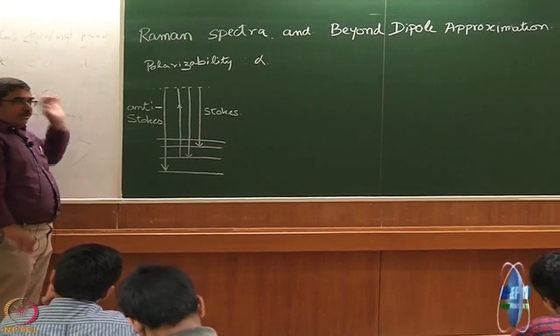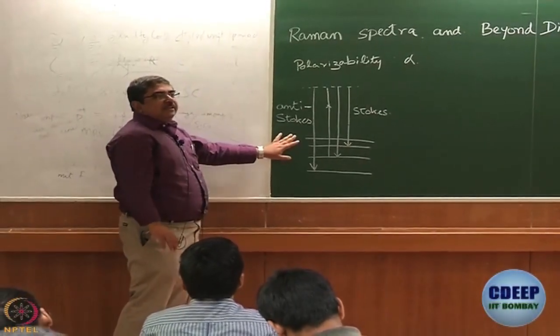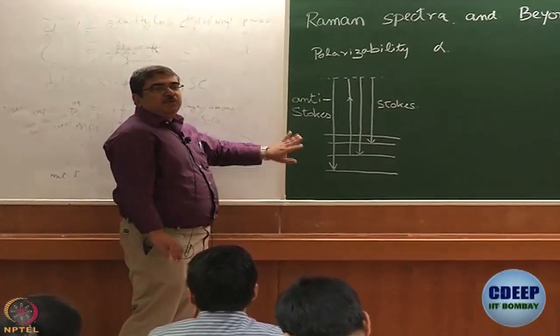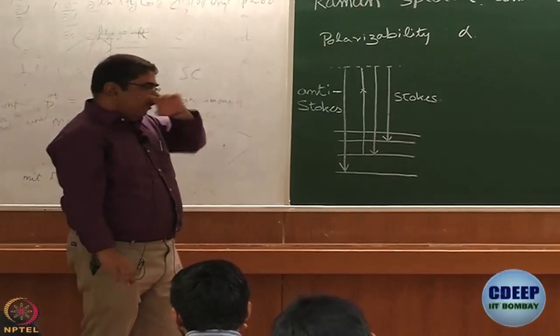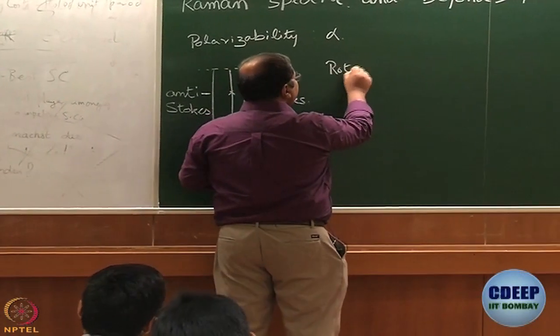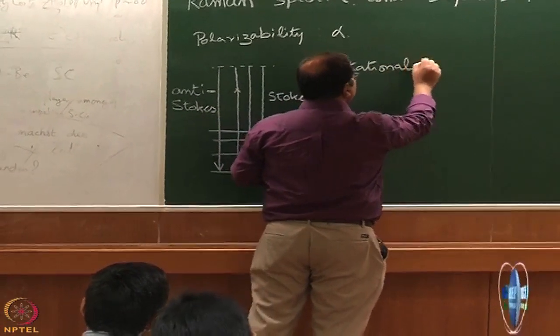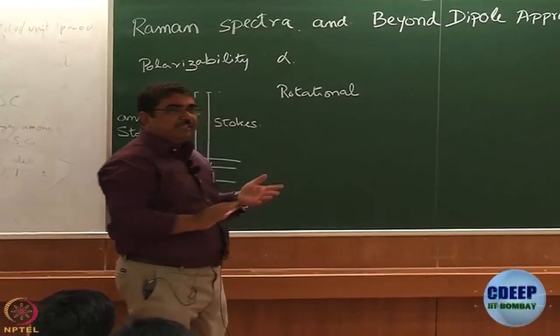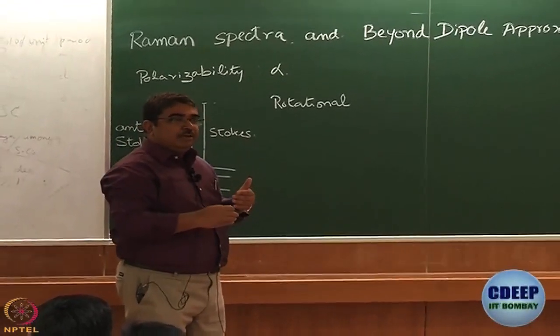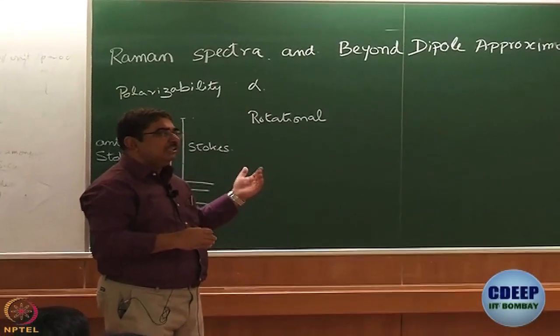Now, these levels could be vibrational levels, they could be rotational levels as well. In rotational Raman, without derivation, let me just tell you, and this is one of the few instances where we are going to have to take things axiomatically. We do not have the scope of deriving this selection rule, unfortunately, in this course.